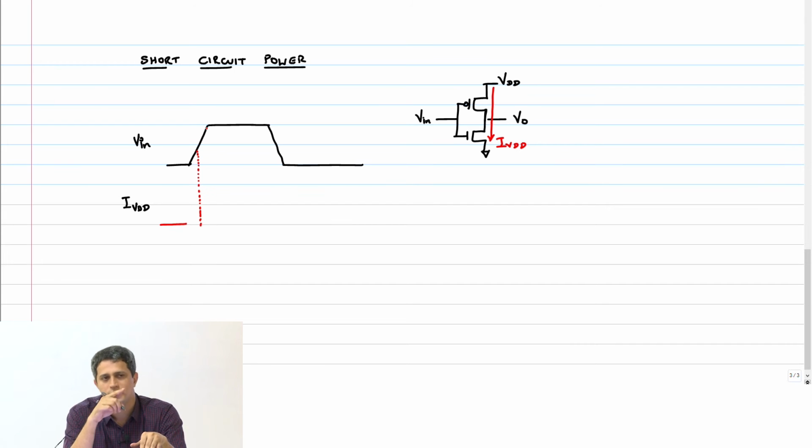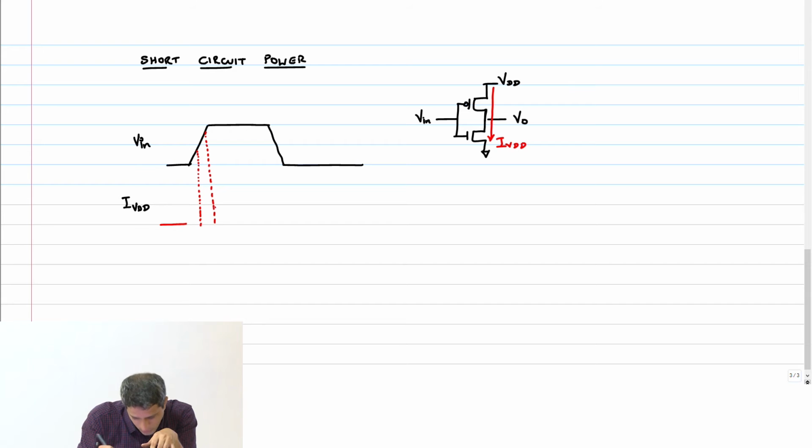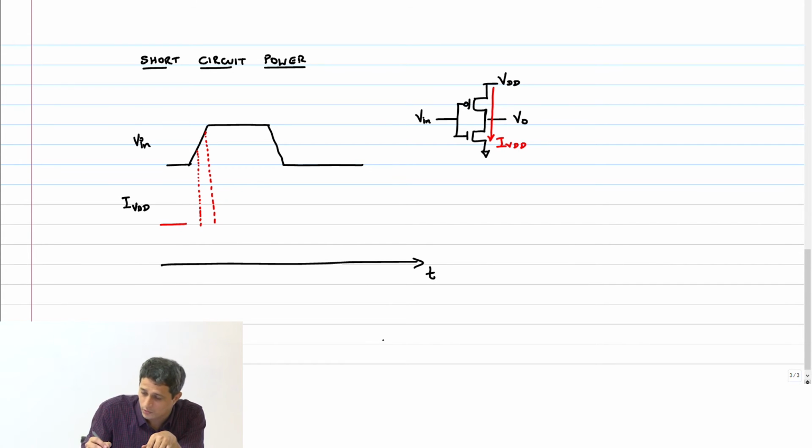Yeah, at VDD minus mod VTP, or you say VDD plus VTP. By the way, for this graph, this is time. So these are the 2 points, VTN and VDD plus VTP.